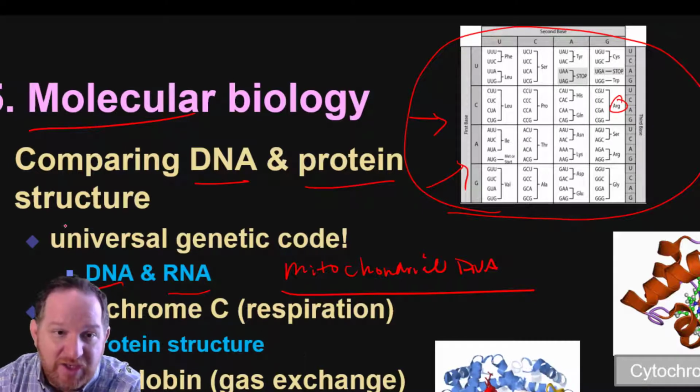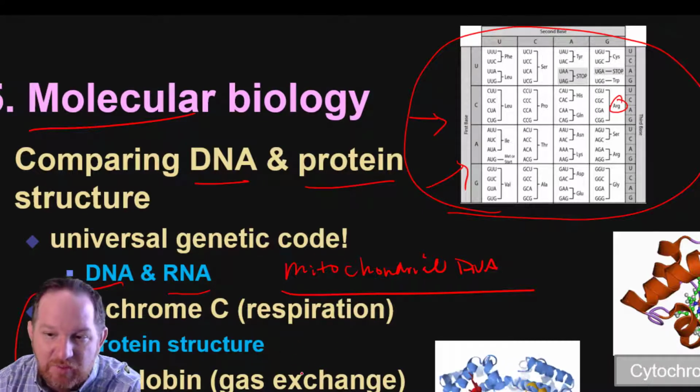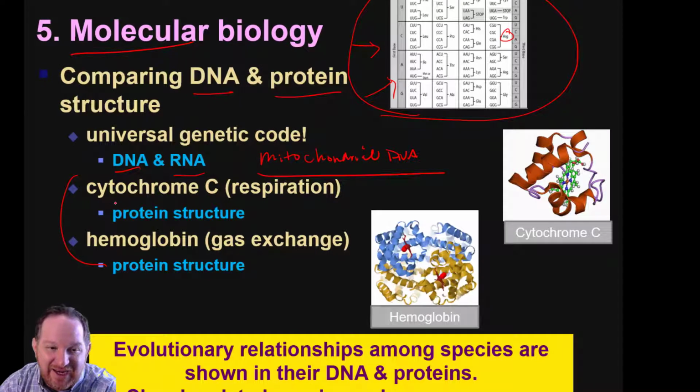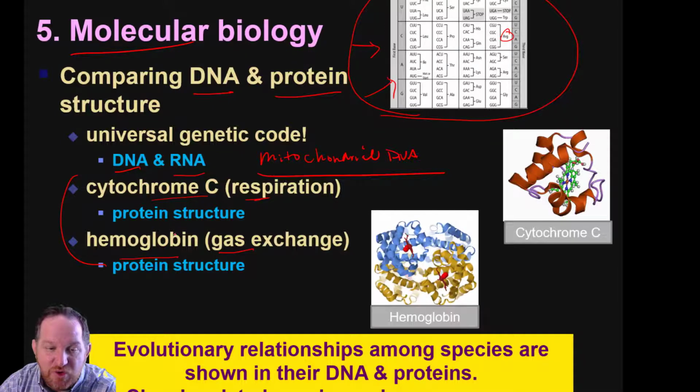The other way we can do it, instead of DNA, is to actually look at the protein. Two proteins that are pretty ubiquitous in many animals alive today are the cytochrome C protein and the hemoglobin protein, right? Cytochrome C, you may remember from respiration. Hemoglobin, you may remember from a discussion on gas exchange. These are both very important proteins.